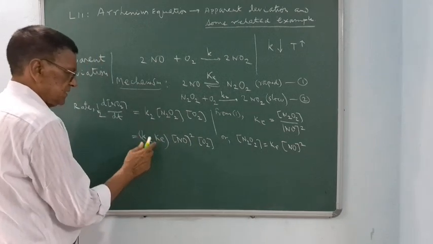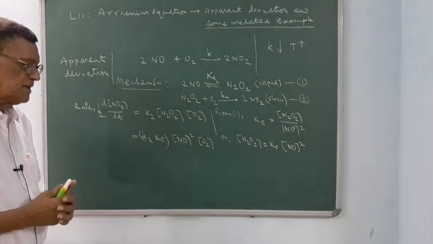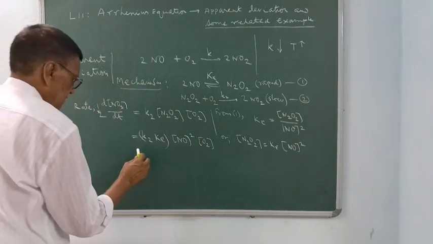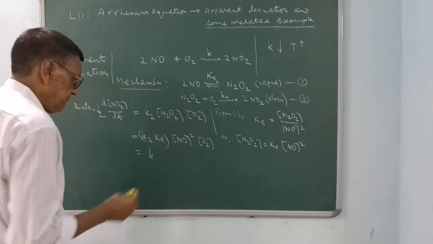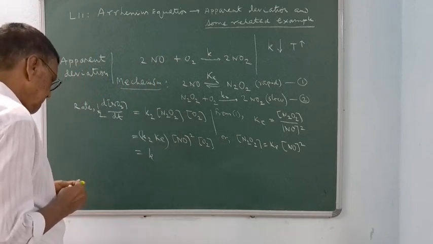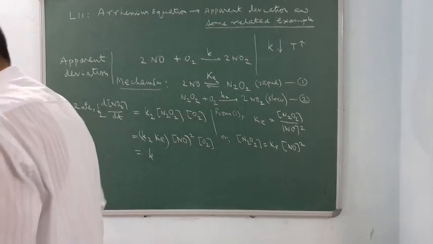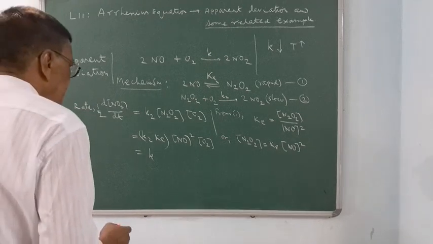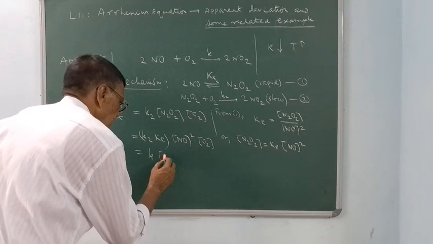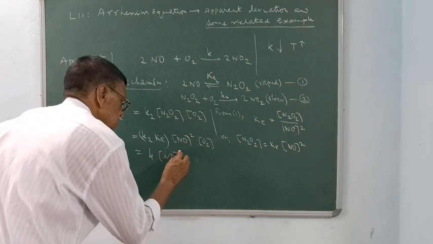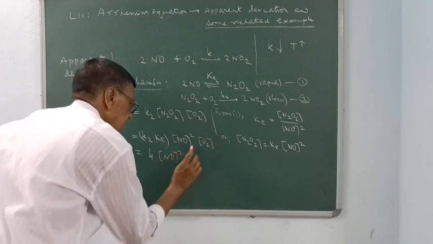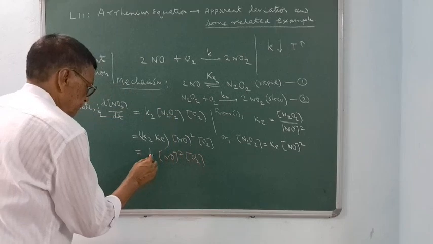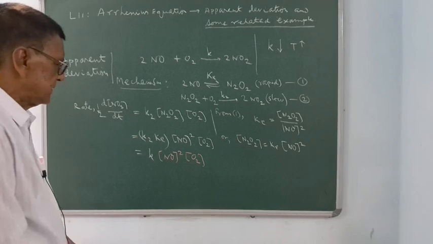These two are constants, and the product of the two constants will give you a new constant, and this you can write as k. So the rate is k times [NO] square times [O2].